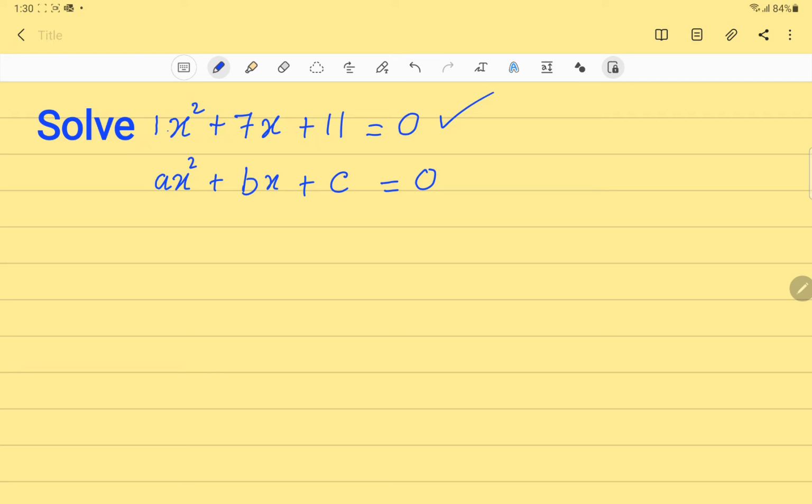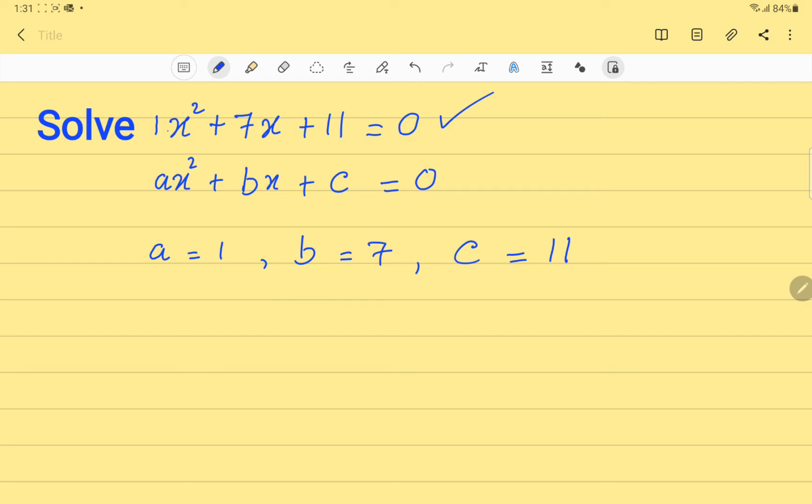As long as it is plus, it is not going to make any difference, but if it is minus, then it makes the difference and it needs to be considered along with the number itself. So when we compare this one, we will find out that a is equal to 1, b is equal to 7, c is equal to 11.